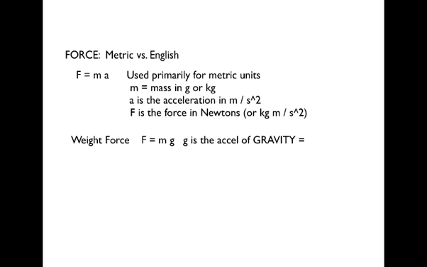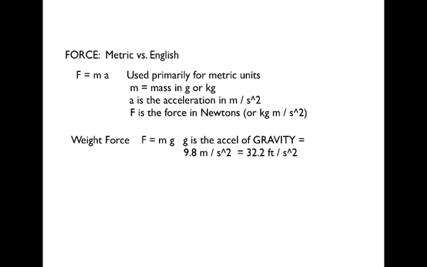Okay, so weight is force. Weight is just the force of gravity on an object. So when you're talking about weight force, instead of a, you use a specific value of a called g. So it's still F equals ma, but now we're talking about the acceleration of gravity.